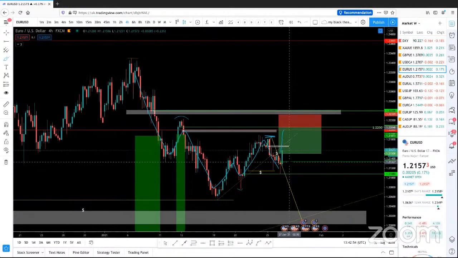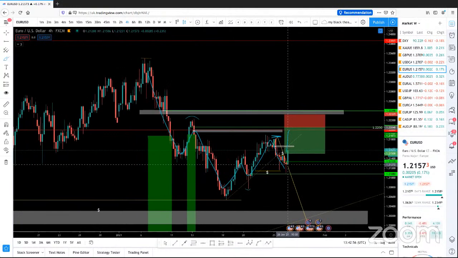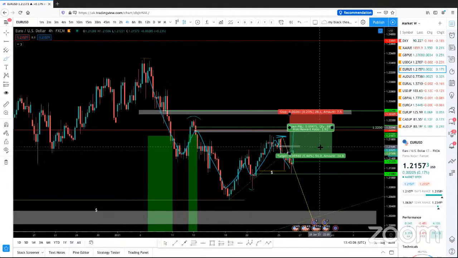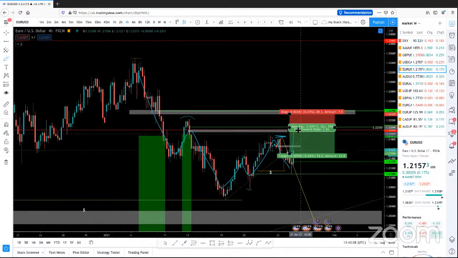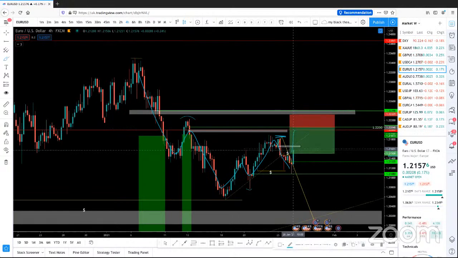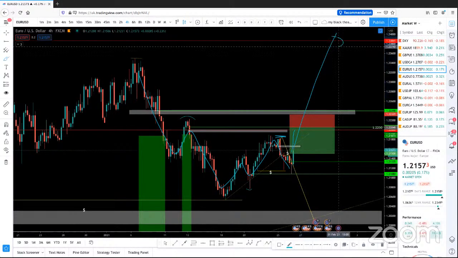Or, based on the dollar index, if the dollar index gives us weakness, tomorrow we have FOMC, so we could see high volatility tomorrow. For now, I'm anticipating Euro USD to come up here and see some reactions. Overall it has high potential to run higher.